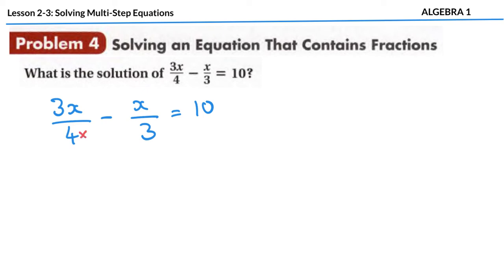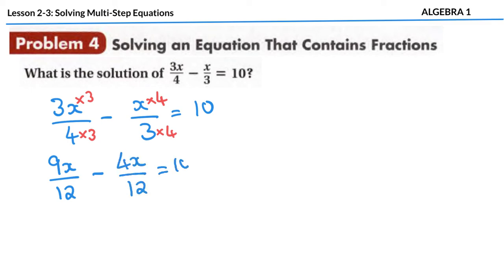I multiply this with 3 and I multiply this with 4. So what do my denominators become? They become 12. And now my new fraction will look like 3x times 3 is 9x over 12 minus x times 4 is 4x over 12 equals 10.